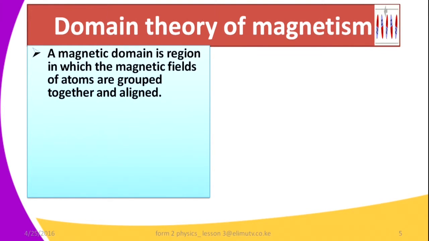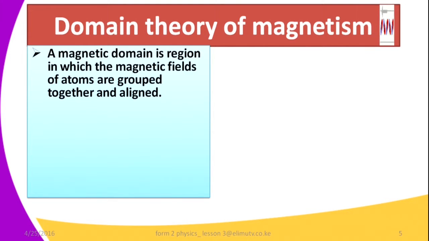So let's understand what a domain is. A magnetic domain is a region in which the magnetic fields of atoms are grouped together and aligned. The atoms in these regions are called magnetic molecules. We also refer to them as the dipoles. The dipoles are the small molecular magnets where they are aligned.